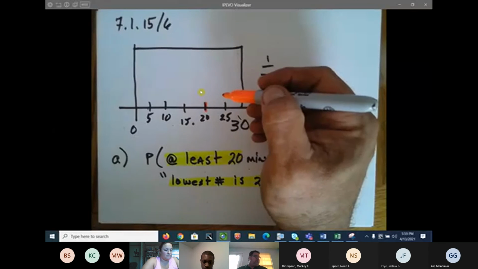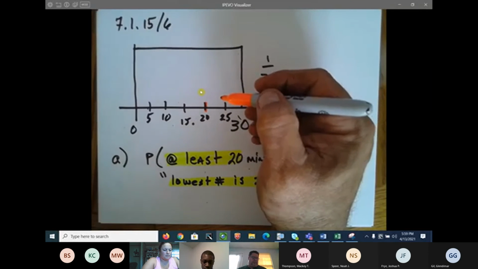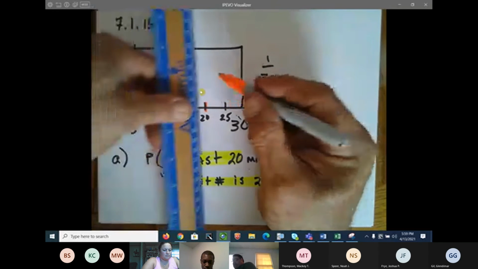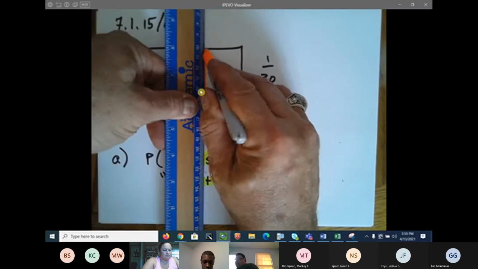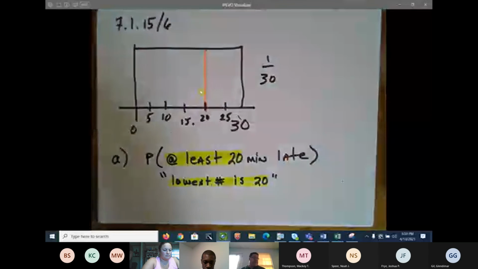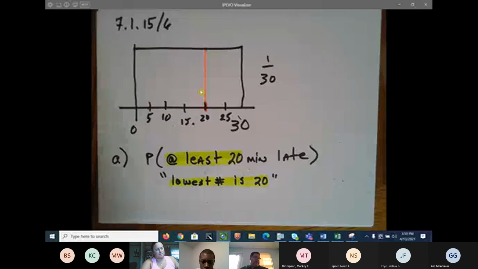And I want somebody to tell me what side am I going to shade if my lowest number is 20? Less than 20? Okay. It's either going to be left or right. What side am I going to shade if the lowest number is 20? Right side.